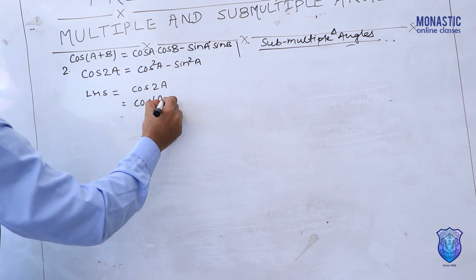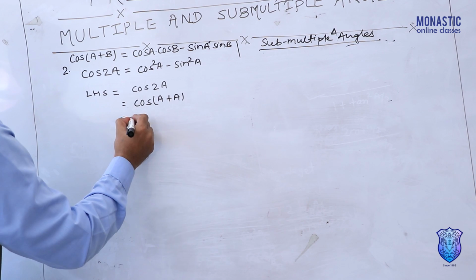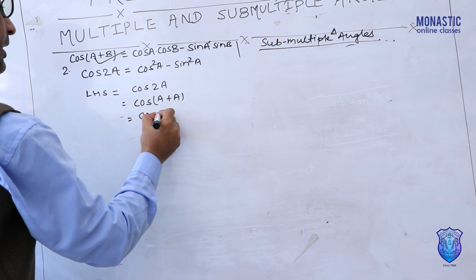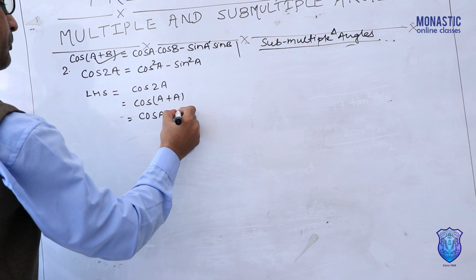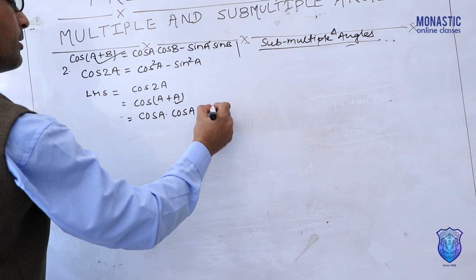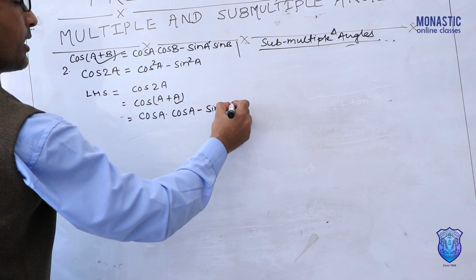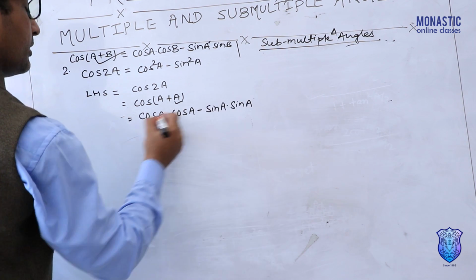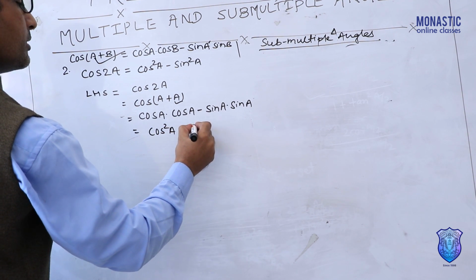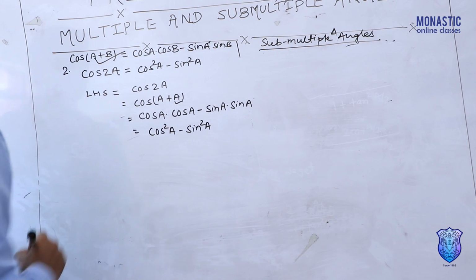In place of 2A, we write A plus A and use the formula of cos of A plus B: cos A into cos A minus sine A into sine A, that is cos square A minus sine square A.